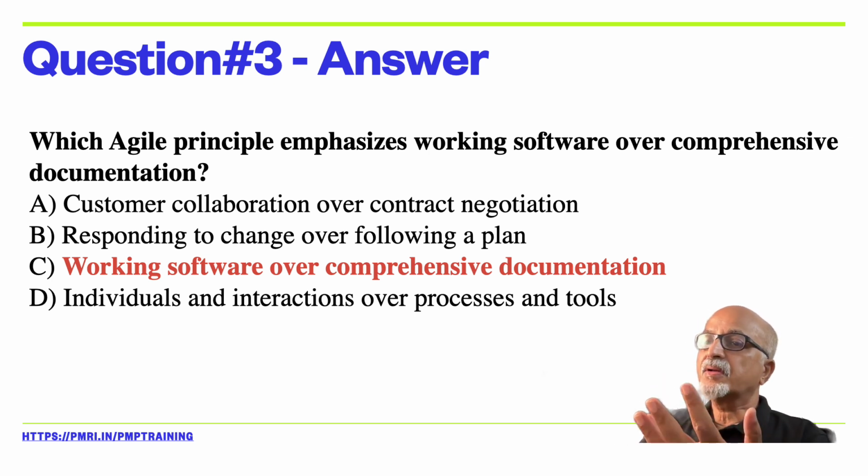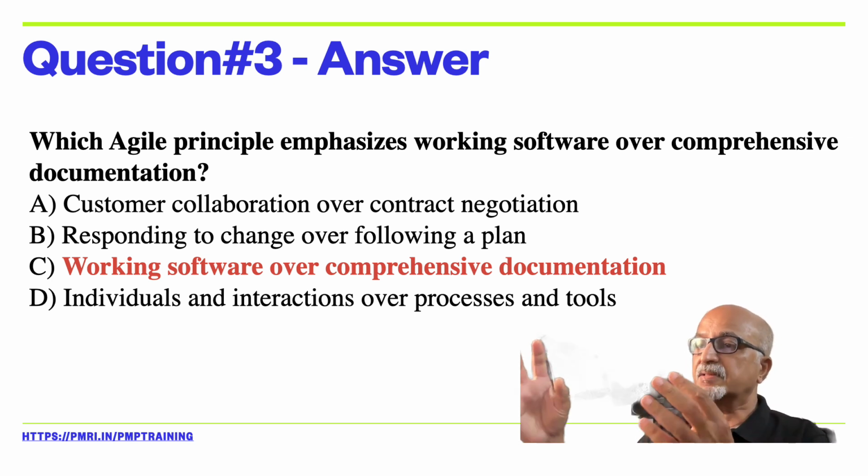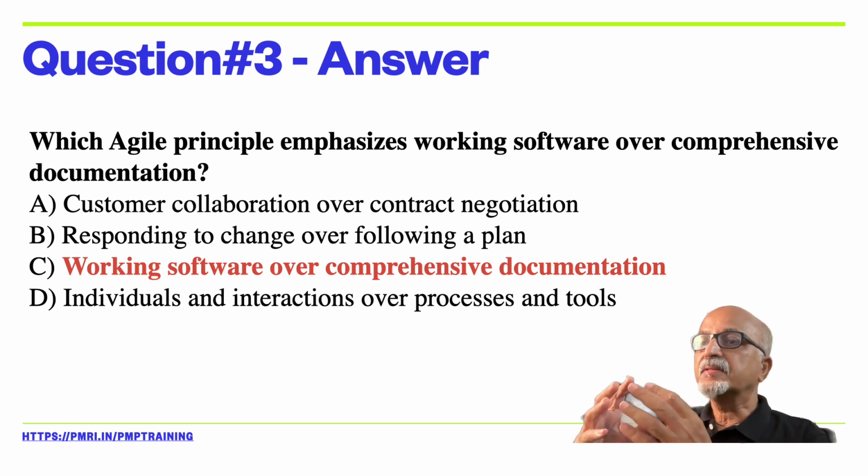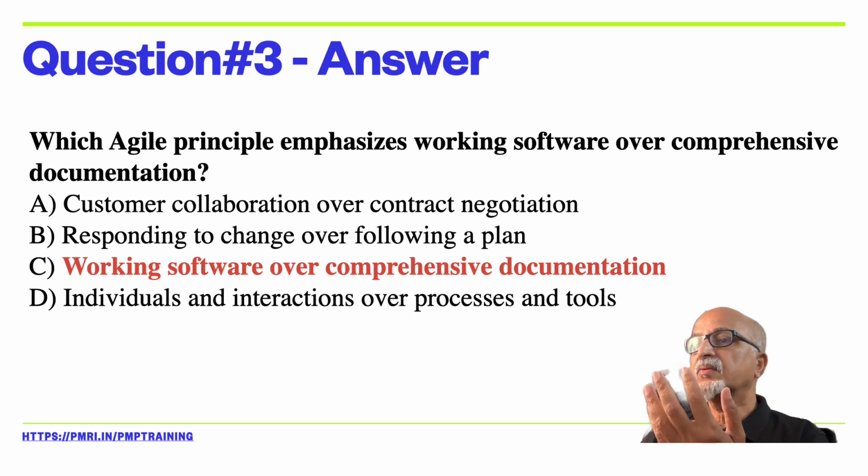In agile projects, the entire agile team is bought into the idea of customer collaboration over contract negotiation, responding to change over following a plan, delivering working software over comprehensive documentation, and individuals and interactions over processes and tools.